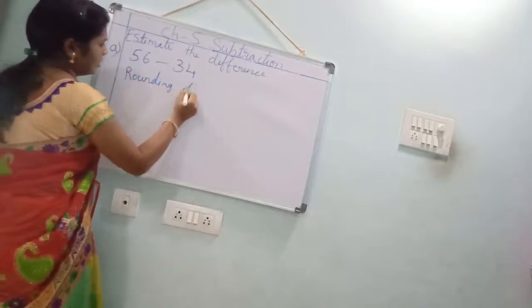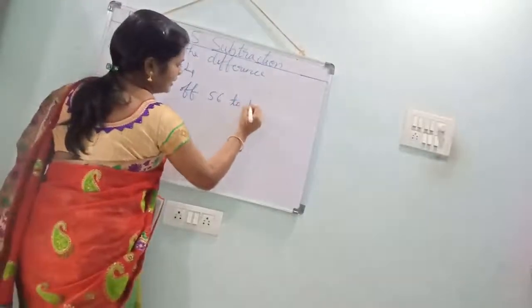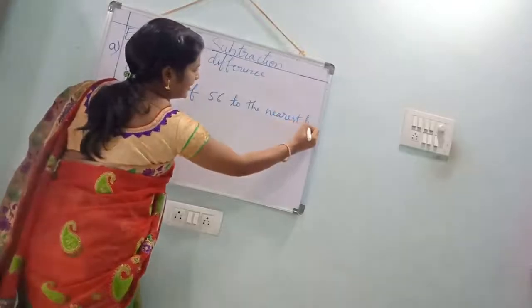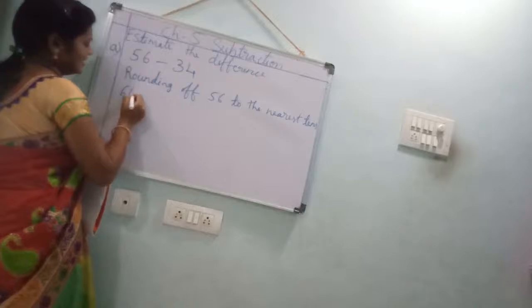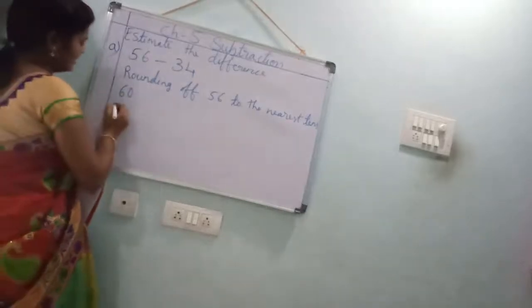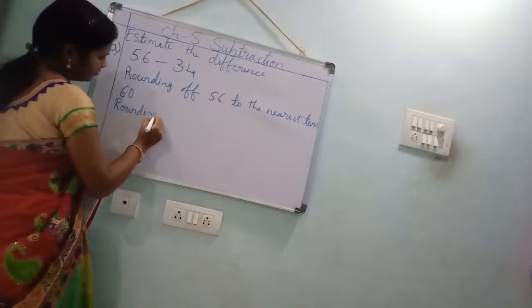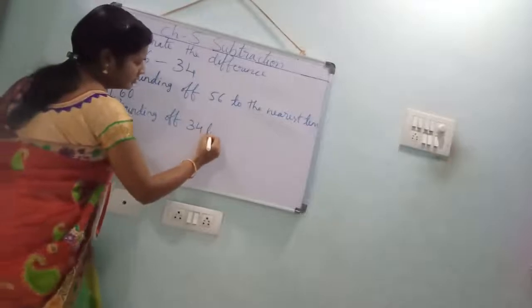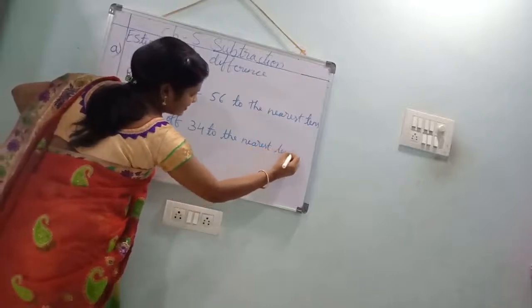Rounding off 56 to the nearest tens. See, 56 to the nearest tens is 60. Next, rounding off 34 to the nearest tens.